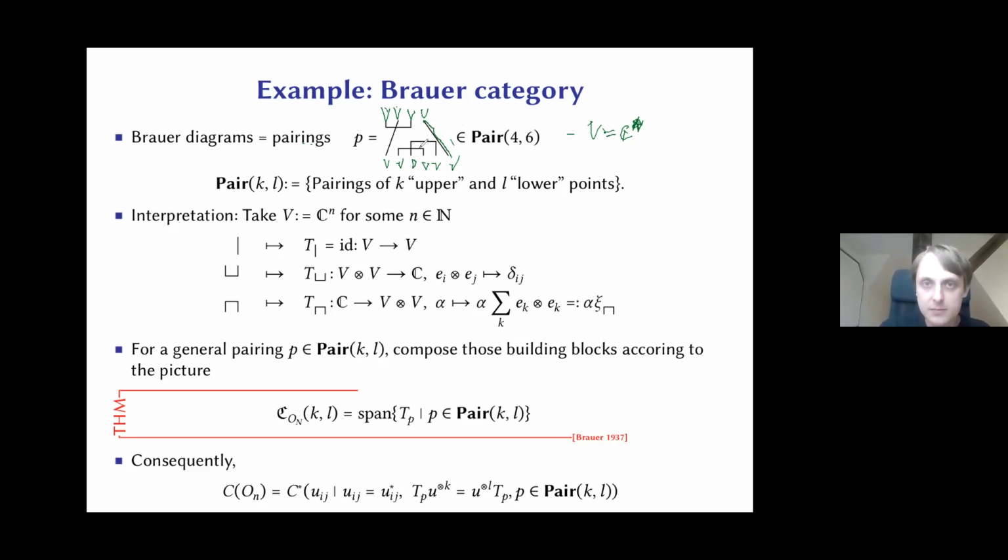And actually what this Brauer duality says is that if I take all the maps T_p associated to those pairings with k upper and l lower points, then those are exactly the intertwiner spaces for the orthogonal group.